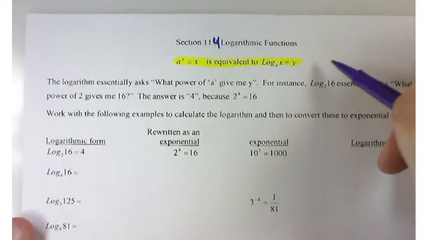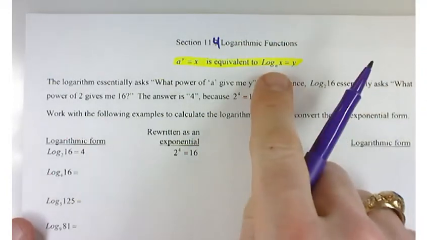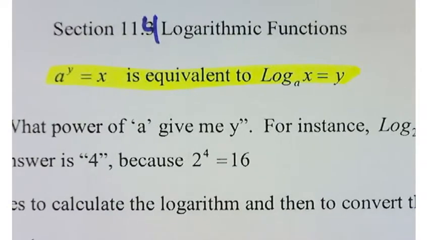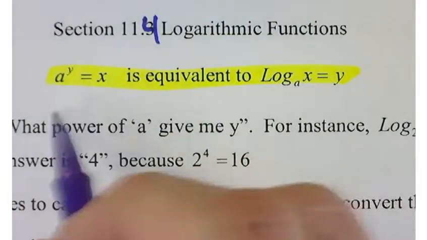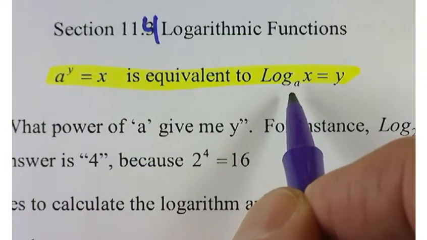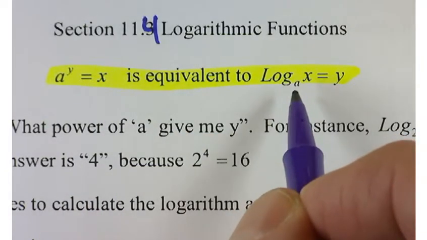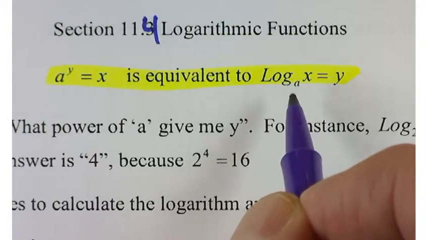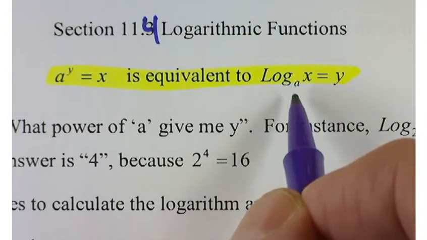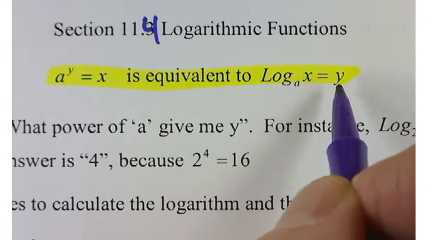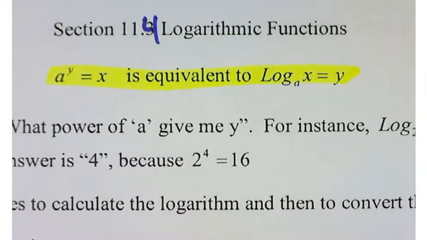It's going to get a lot of work done for us. But basically what this is saying is that these two things are equal. A to the y power equals x. So from the point of view of the log, you're going to look at the base here, which is your a, and ask yourself, what power of a gives me x? So a to that power gives me x. And the answer to that question is your y right here. So a to the y equals x.